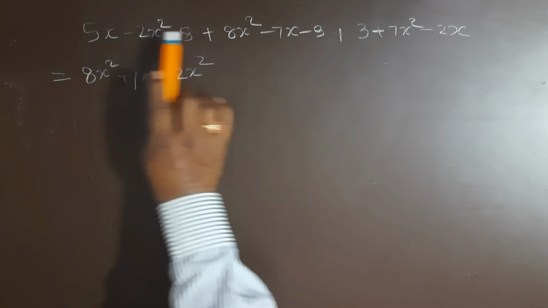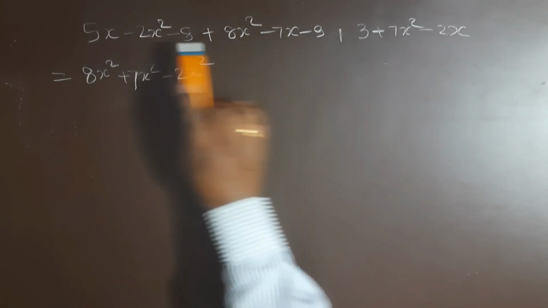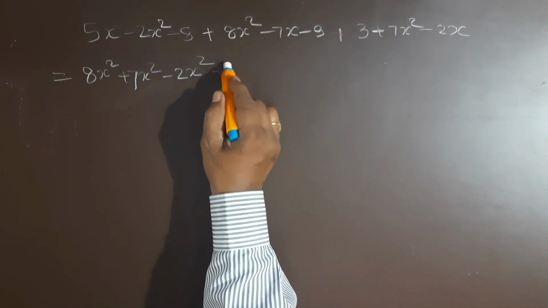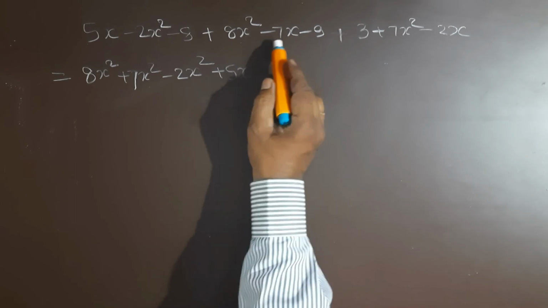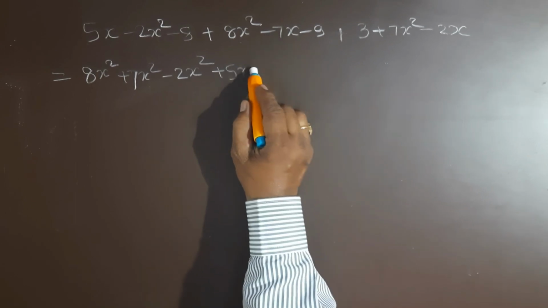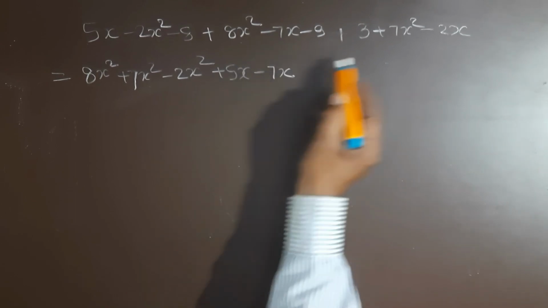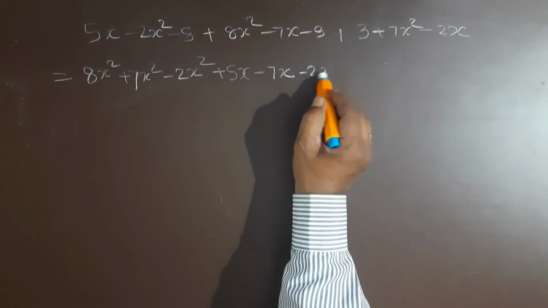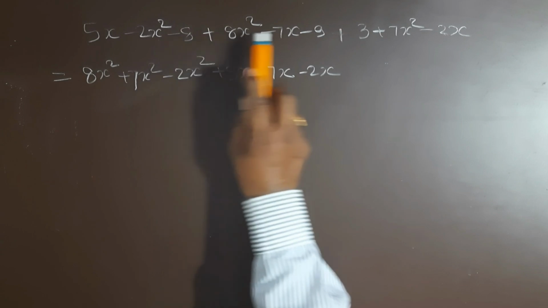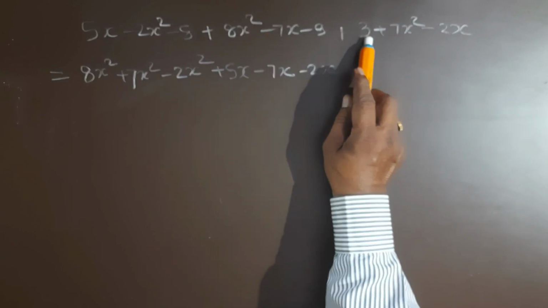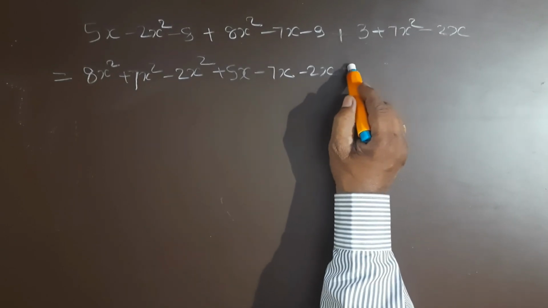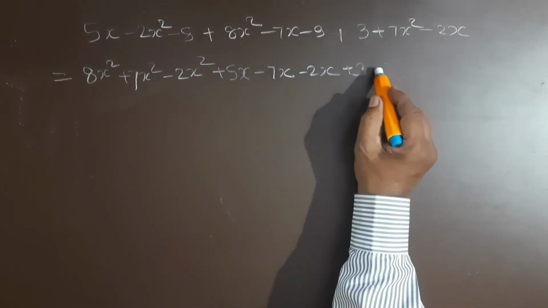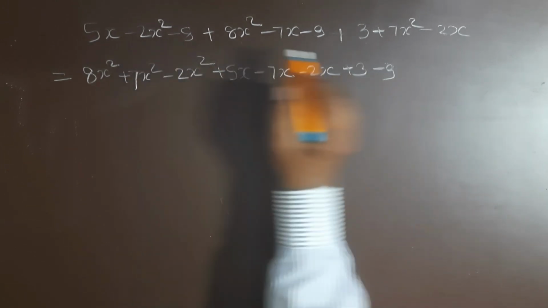Okay. Now go for the second like term. This is x, x and x. Means plus 5x minus 7x minus 2x. Now the third like terms are simple numbers. This is minus 8, minus 9 and plus 3. So plus 3 first we will write, minus 9 and minus 8.